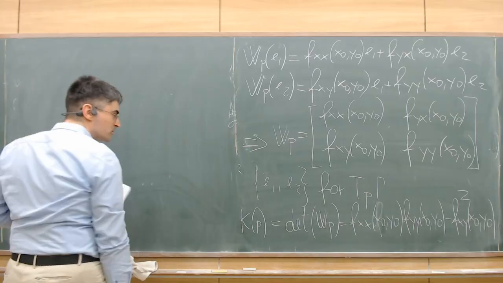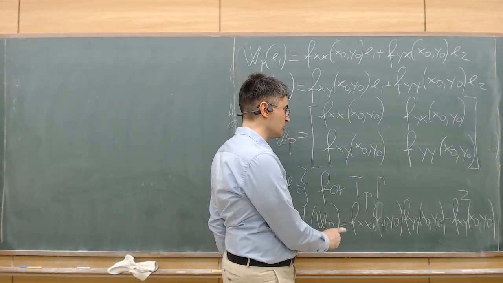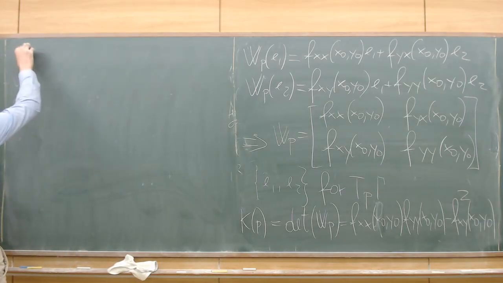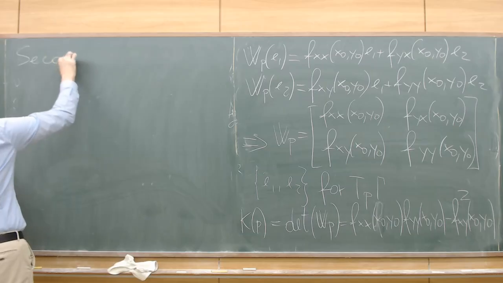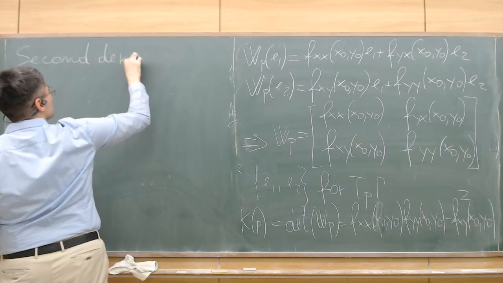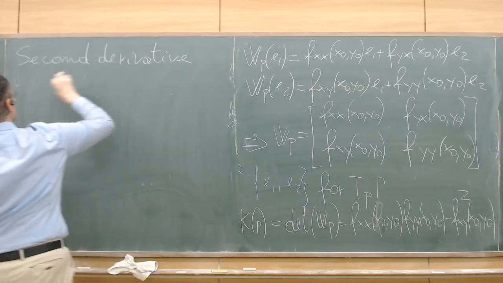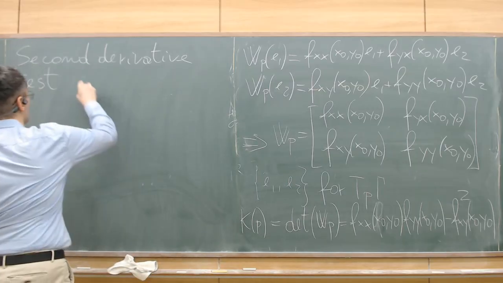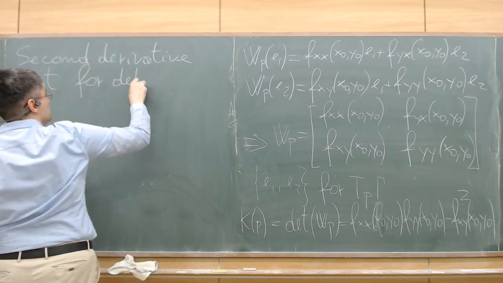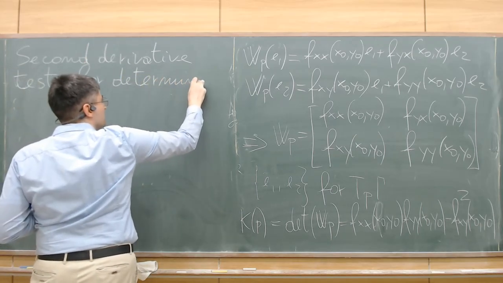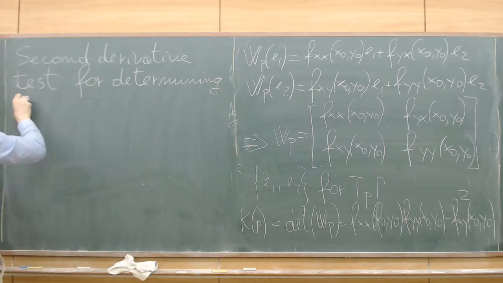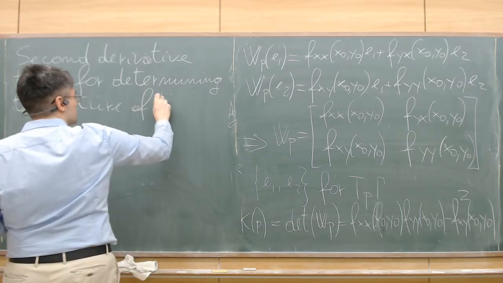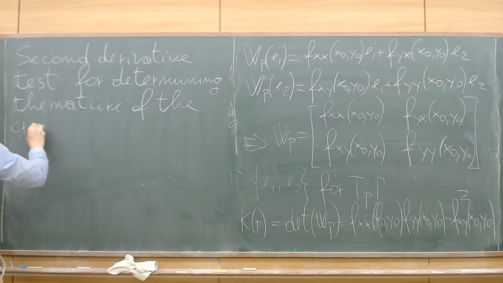So remember now what you studied in your course of Calculus 2. You can use the second derivative test for determining the nature of the critical point.